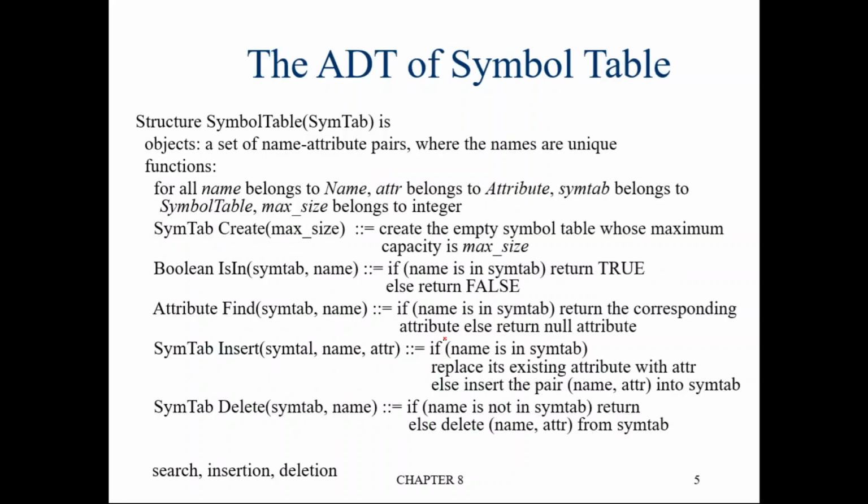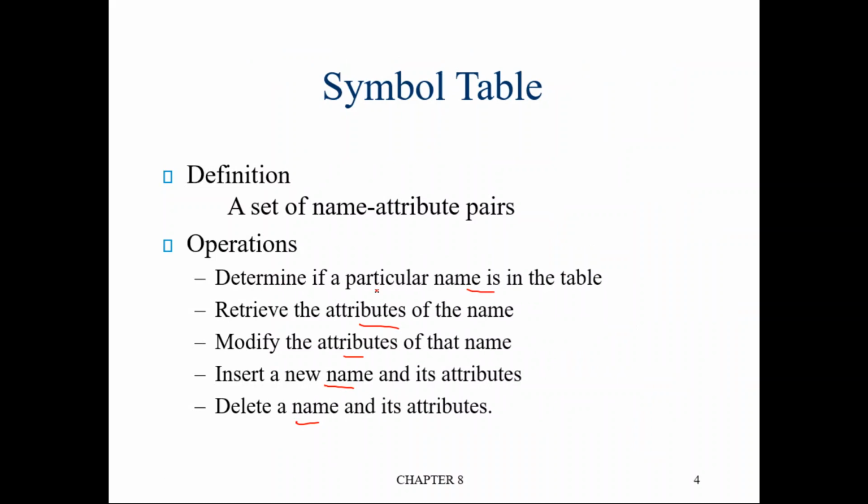So this is the ADT, abstract data type, for a symbol table. Symbol table means it's a key value pair. Why are we calling it a symbol table? Because it's a table with a key and a value pair.